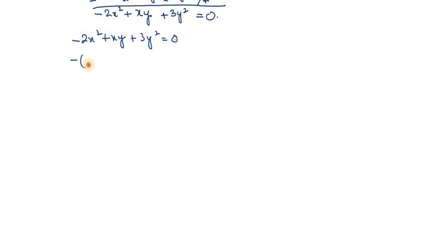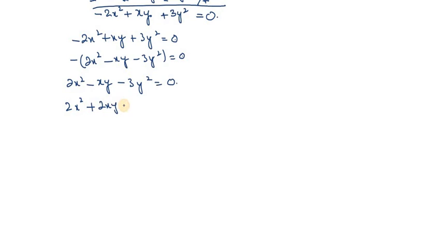We take minus as a common. So the equation is 2x square minus xy minus 3y square is equals to 0. Factorizing, we split the middle term: 2x square plus 2xy minus 3xy minus 3y square is equals to 0.